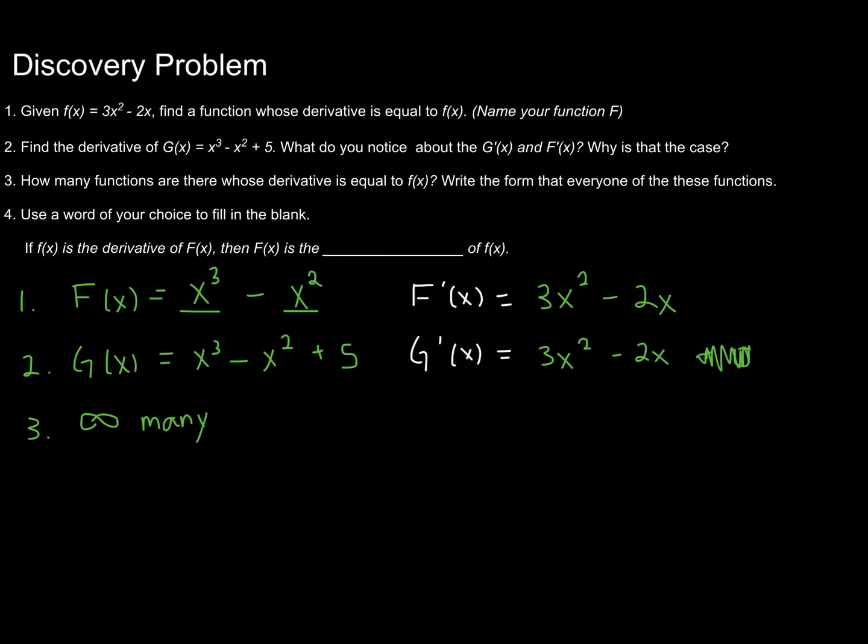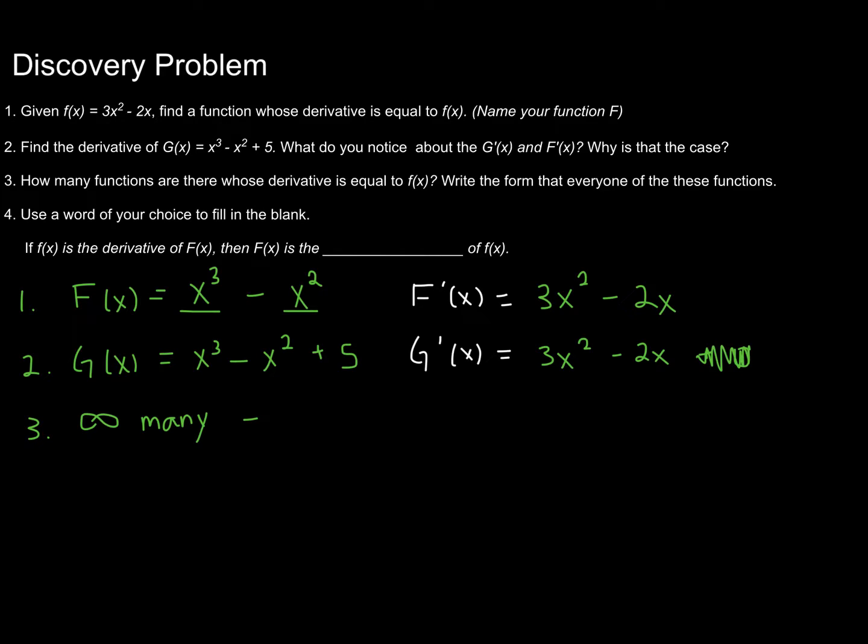And so this leads us to want to write the general form. What will every one of those functions look like? Well, we know 2 components that each must have, right? If we look at these 2, capital F and capital G, they each have an x cubed minus x squared. Taking the derivative of those 2 will give me 3x squared minus 2x. But the part I can change is the constant term.